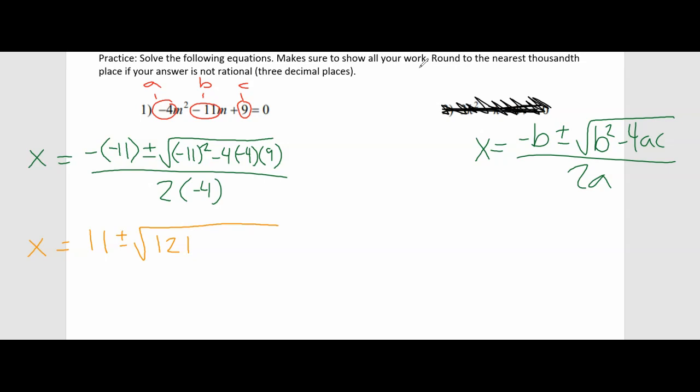A lot of students make the mistake and they say -11 squared is equal to -121. And that's because if you punch this into your calculator like this, your calculator is going to tell you it's -121. But that's because you've forgotten the parentheses. If you put the parentheses outside of the negative sign, like they're supposed to be, then the calculator will change this to a positive.